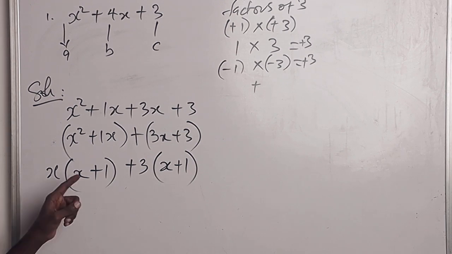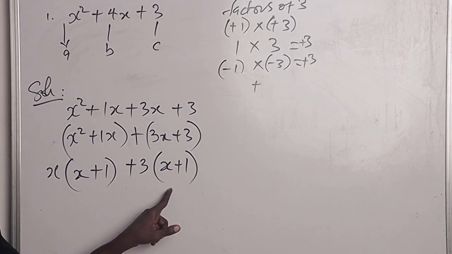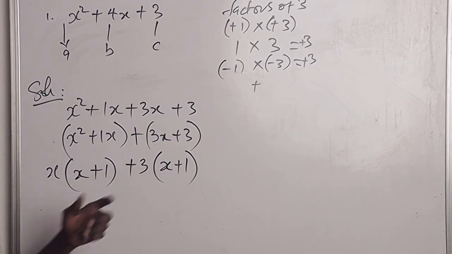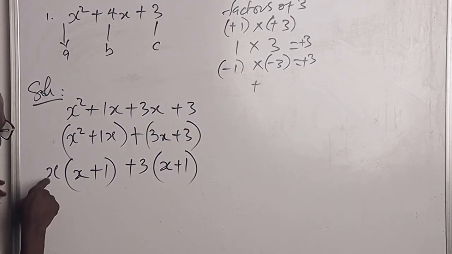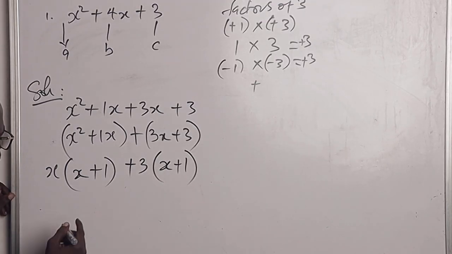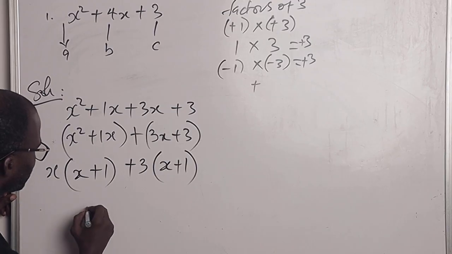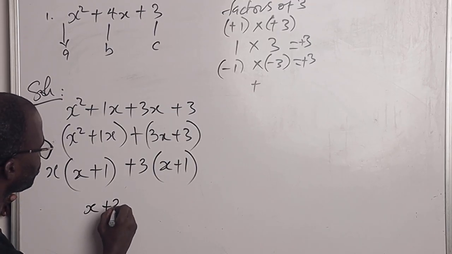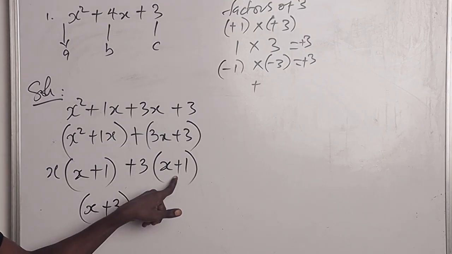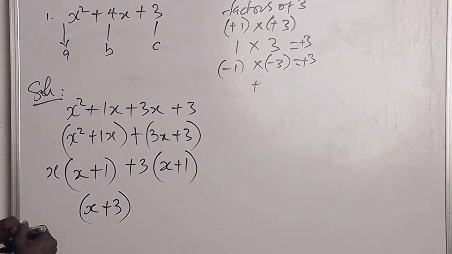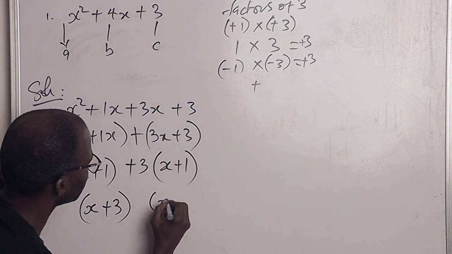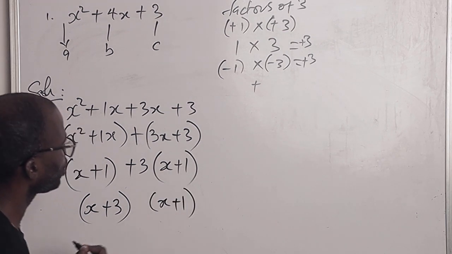So what you just do, you pick one of these brackets, which is x plus 1, which is the same thing as this. Then these coefficients here, you put them in bracket as well. So what are we now going to have? We have x plus 3 in brackets. Then this x plus 1 that we have on both sides, just pick one. You have x plus 1.